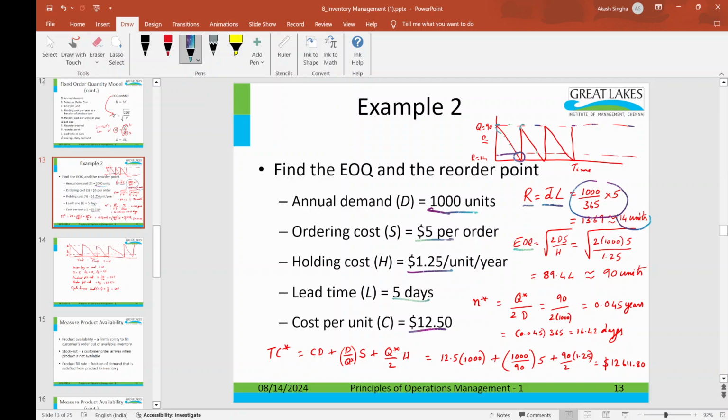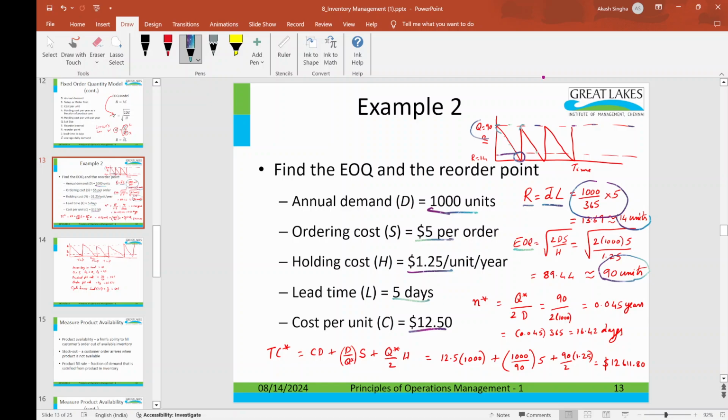How did we get this 90 value? How much we should order is calculated from the annual demand into 2 into ordering cost, which is 5, divided by holding cost, how much it takes to hold. It gives the efficient number of units you should order.